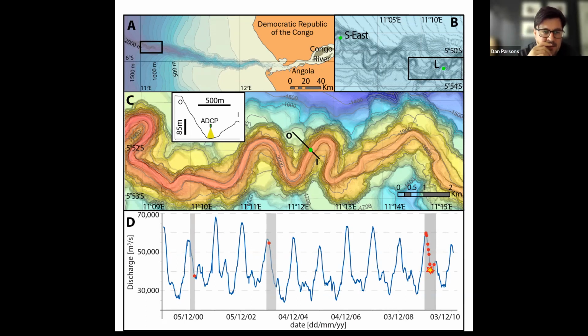The measurements taken over a year showed very much that they needed to put this pipeline underneath the actual canyon channel system.